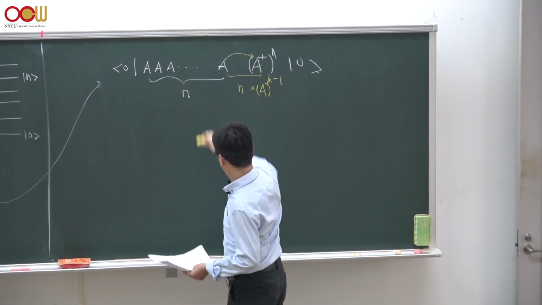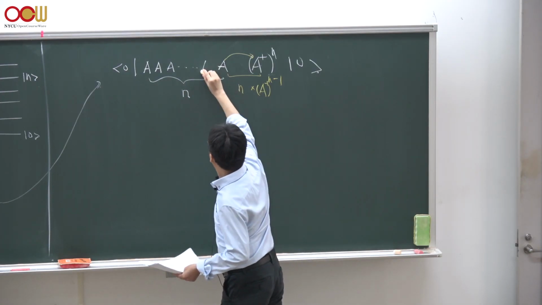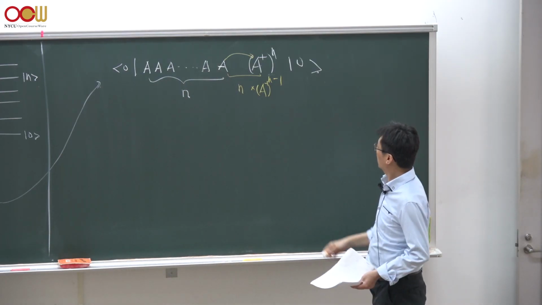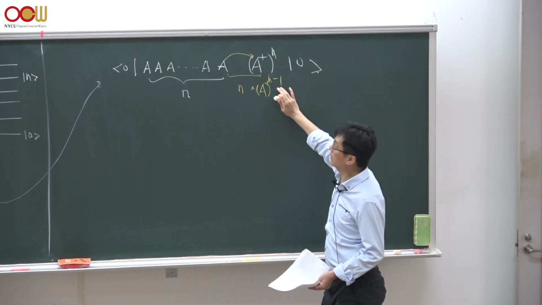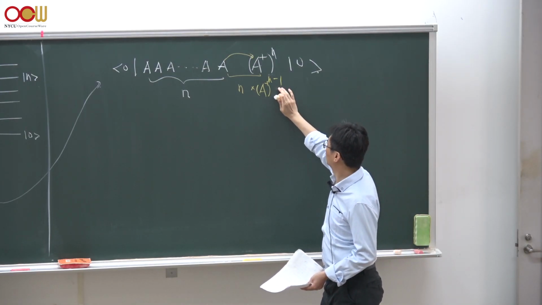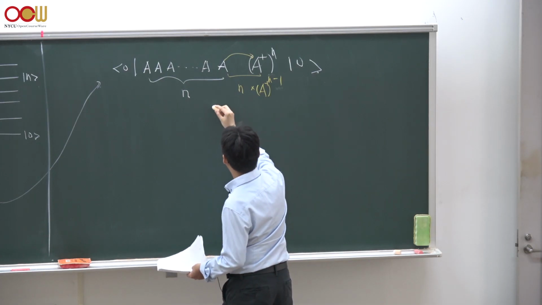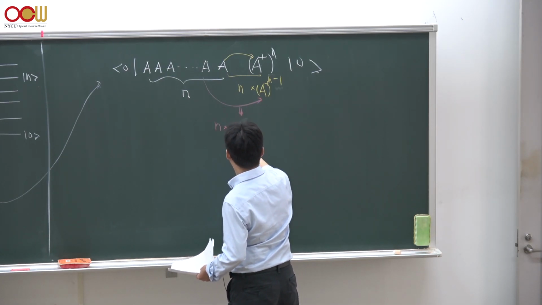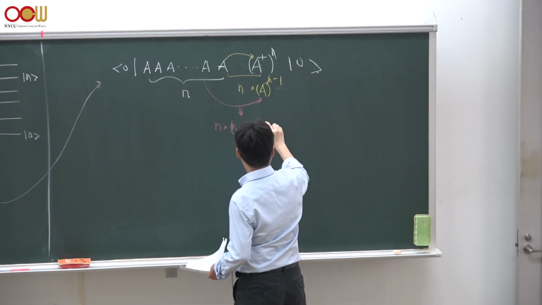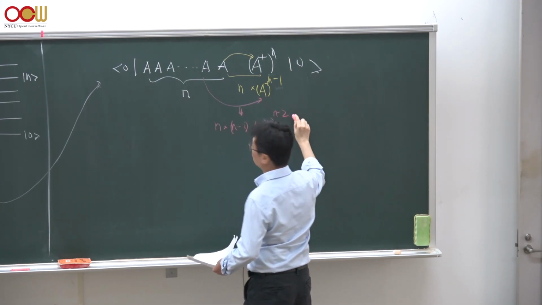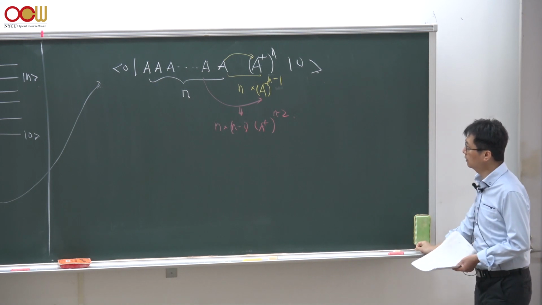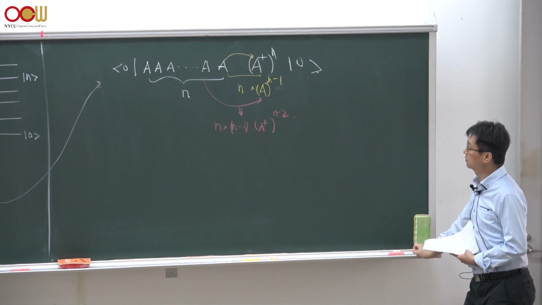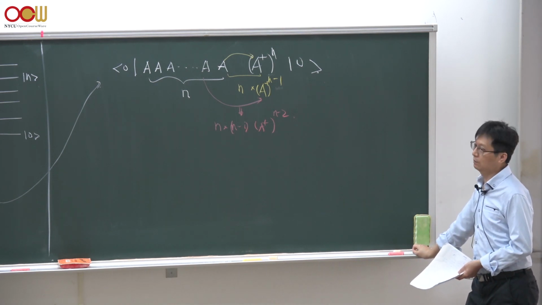But then I could apply the second, say, lowering operator a. In that case, the power of a dagger is already n minus 1. So then the second differentiation gives us what? n times n minus 1 times a dagger to the power of n minus 2, right? So I could just keep going, take this n differentiations one by one.